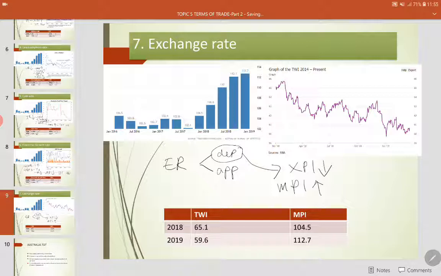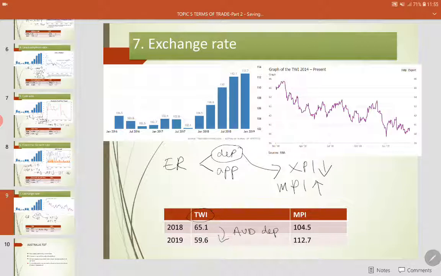The same thing you can do for appreciation. For example, I'm using 2018 and 2019. What is this TWI? It's the trade weighted index. It has a direct relationship with exchange rate. When the trade weighted index falls from 65.1 to 59.6, it indicates the AUD depreciates. It's an index to measure our exchange rate.